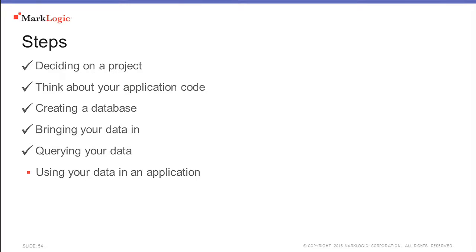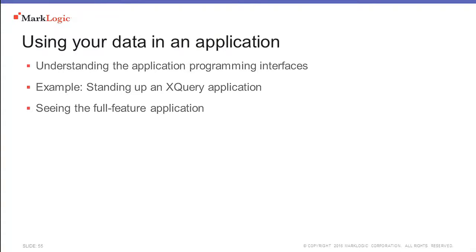All right, last part, the best part. Now that we've got this all set up, we can go ahead and stand up our application. So let's do that. We talked about the different programming interfaces. You can either do XQuery or JavaScript and have MarkLogic host your application if you'd like to, or you can talk to MarkLogic from outside, from your programming language.